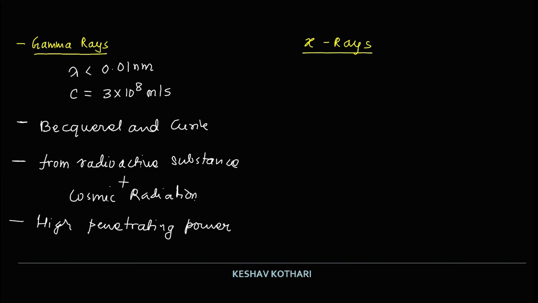Now if we talk about X-rays, the wavelength range for X-rays is from 0.01 nanometer to 10 nanometer. It also travels with the speed of light, and it was discovered by Wilhelm Conrad Rontgen. The X-ray was discovered as a converse phenomenon of the photoelectric effect.